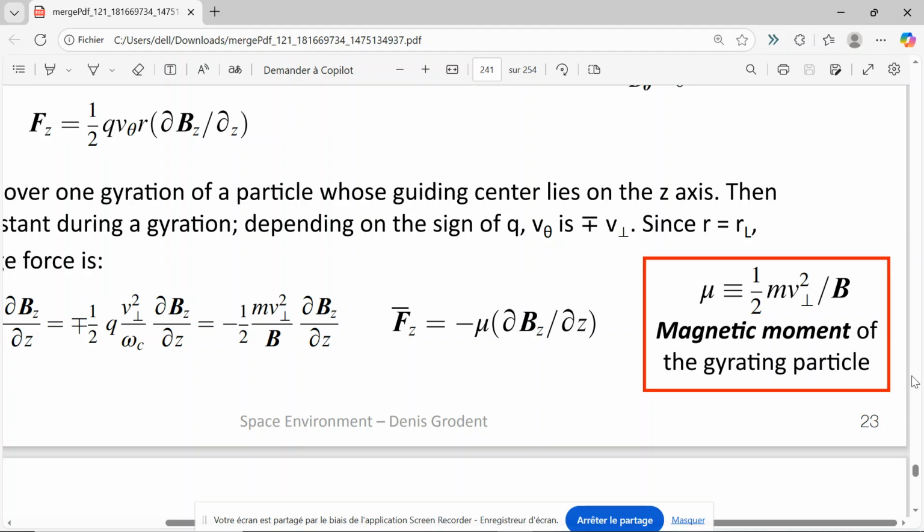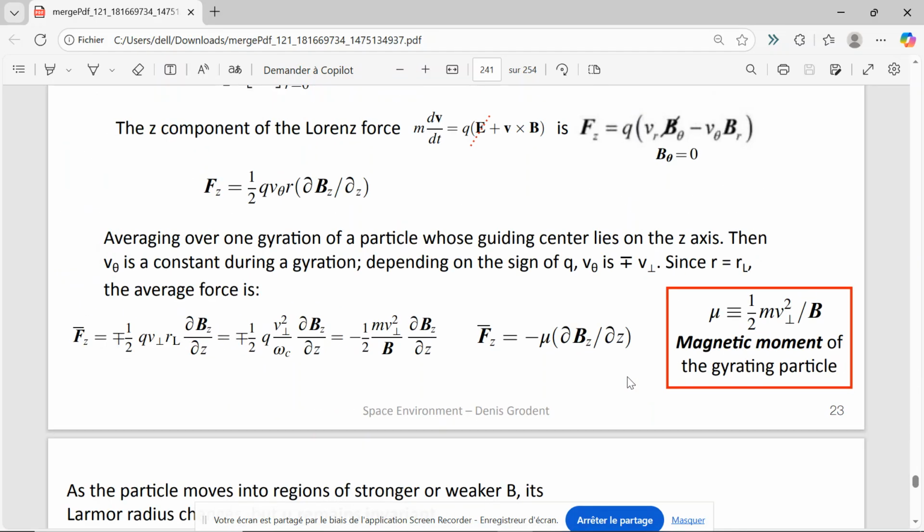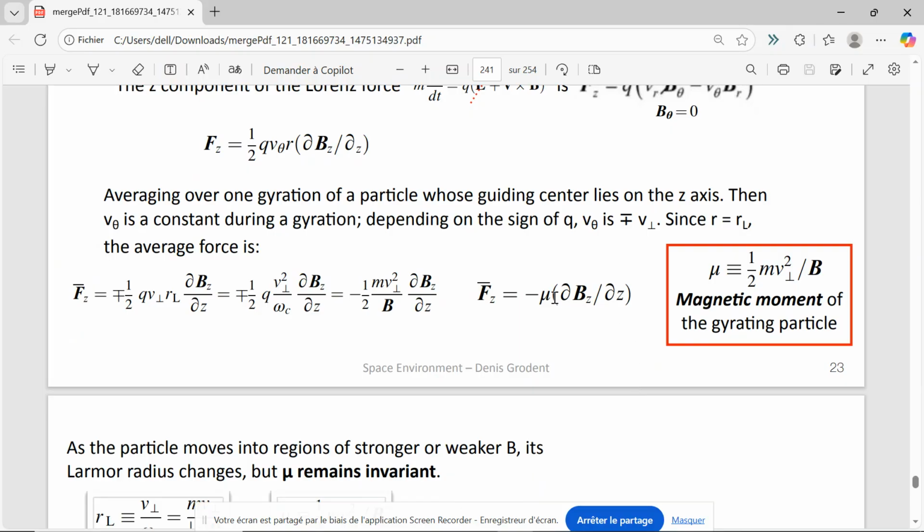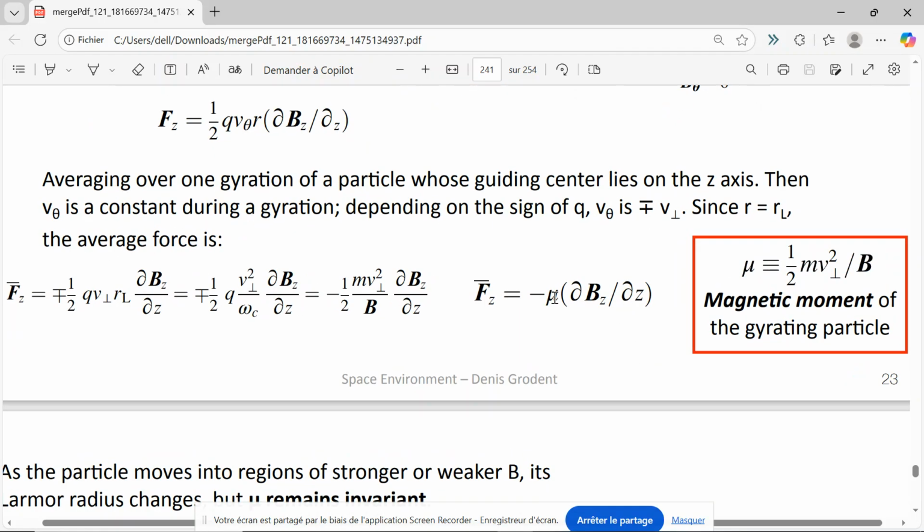I forgot the discussion about the magnetic moment, but it remains there. So the variation of the magnetic field in that direction will induce a force that will stop it.